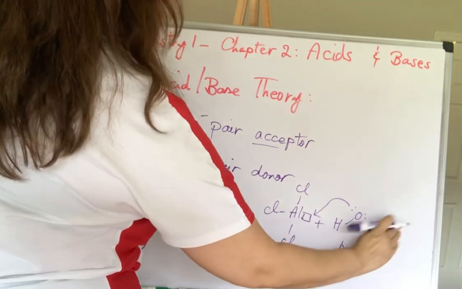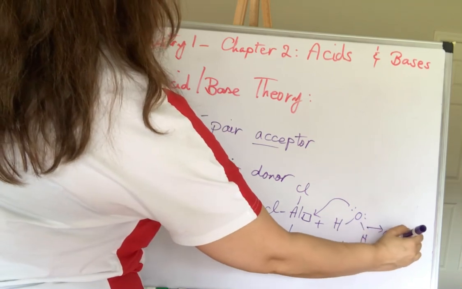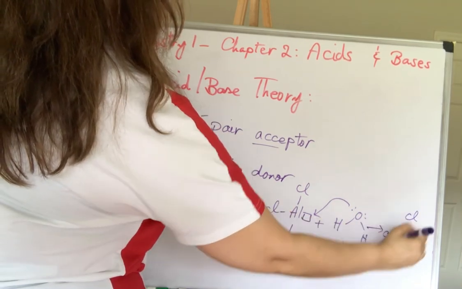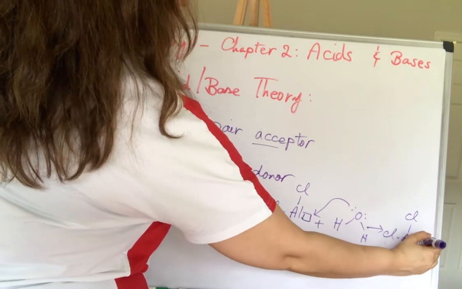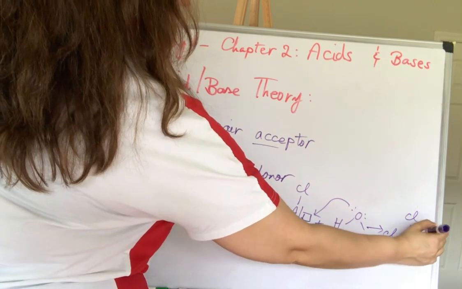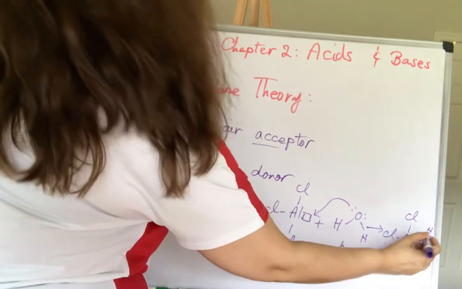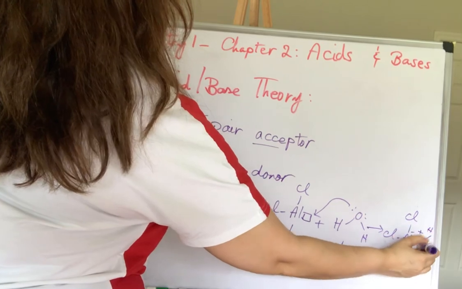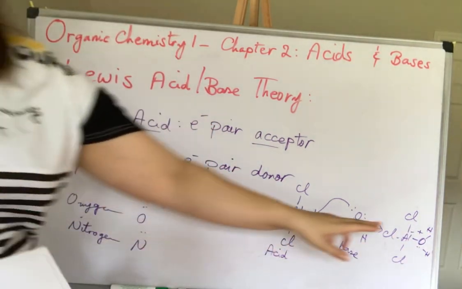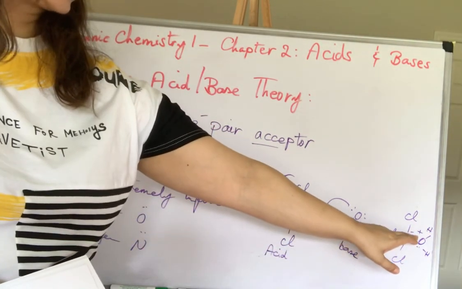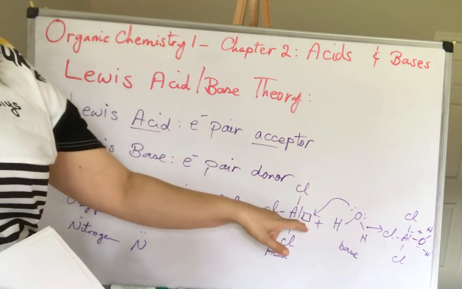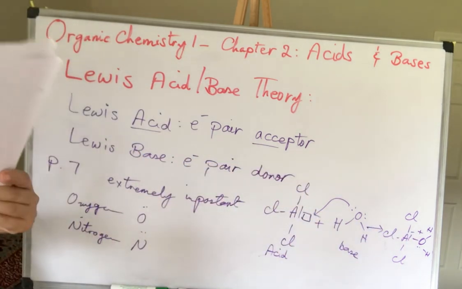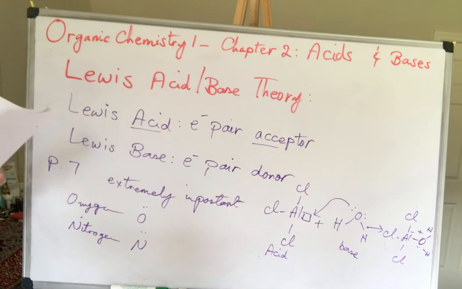So you have this, of course, oxygen has used the electron pair to form the bond, and aluminum is accepting. So don't forget about the formal charges.